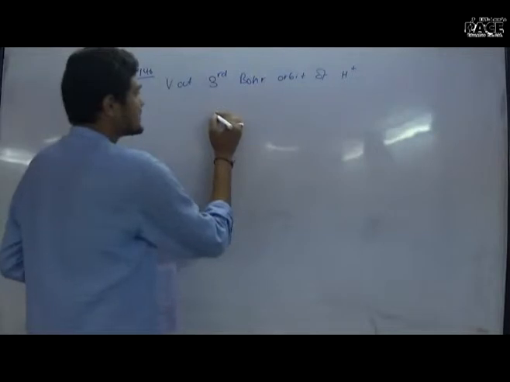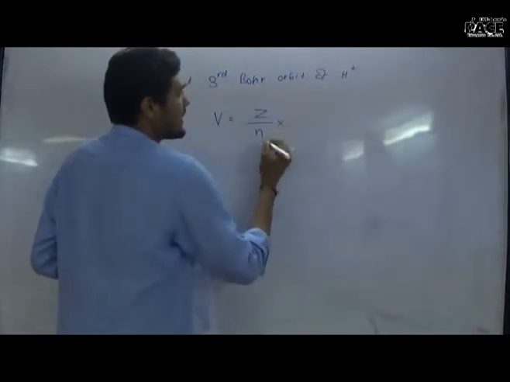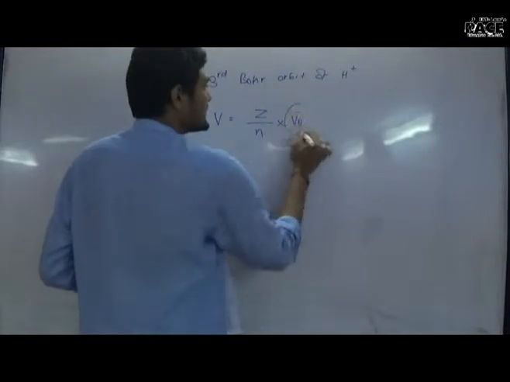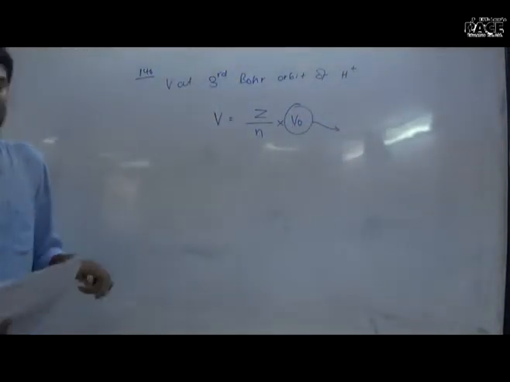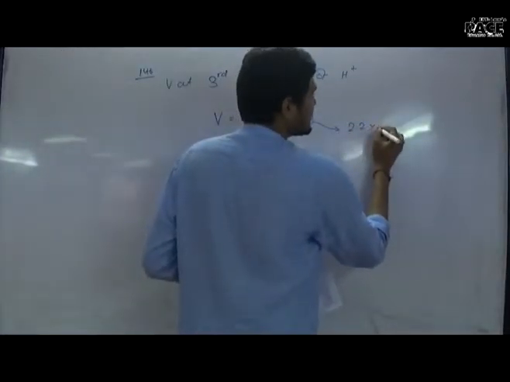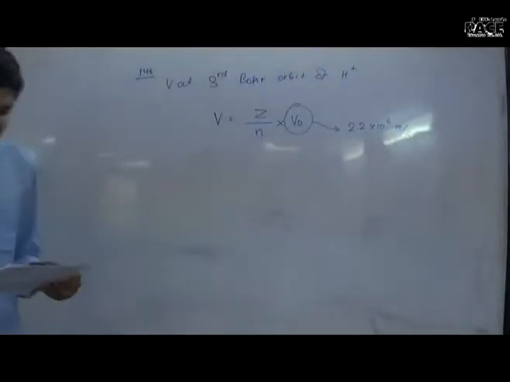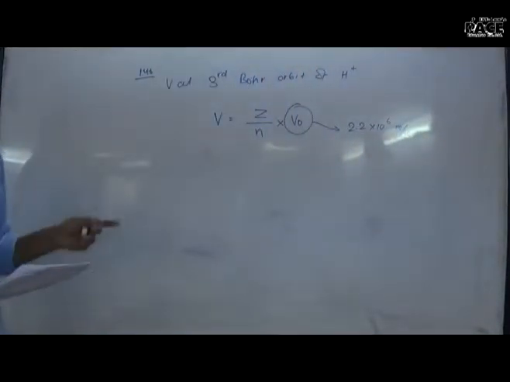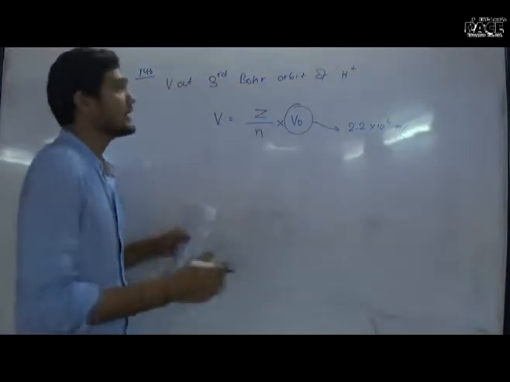As we know, the velocity of any Bohr orbit is proportional to z by n times v naught, where this v naught is the velocity of the first Bohr orbit of hydrogen atom, and this value we already know, it's nearly 2.2 into 10 raised to 6 meters per second. Now just put the values of z and n from this relation.